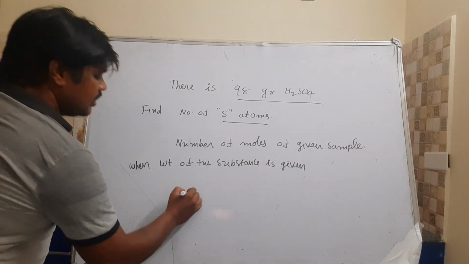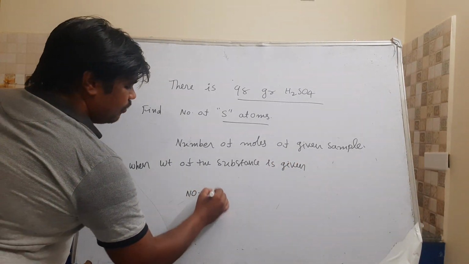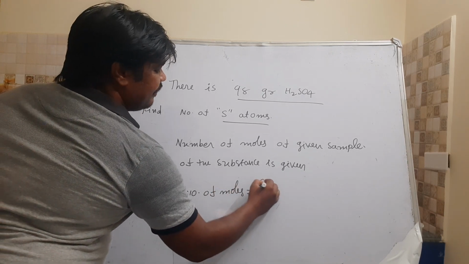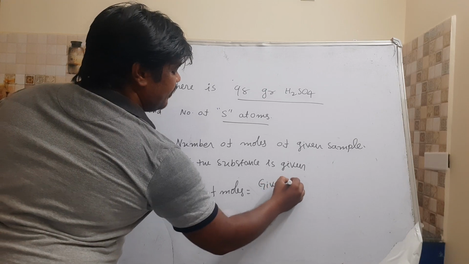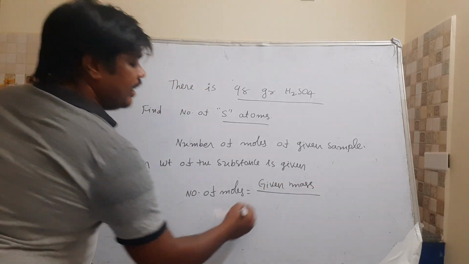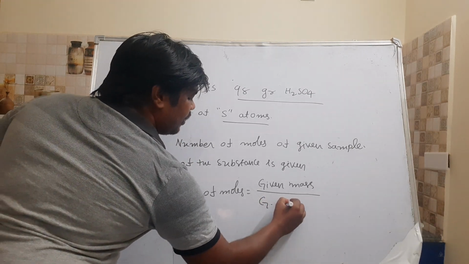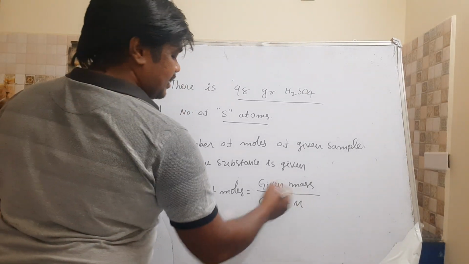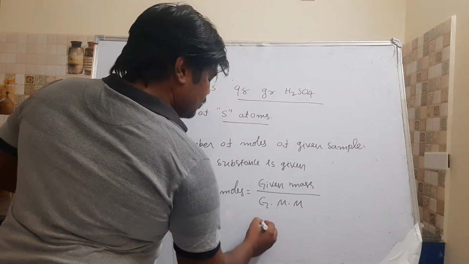Formula for moles: number of moles is equal to the given mass, otherwise given weight, divided by the gram molar mass of the substance.